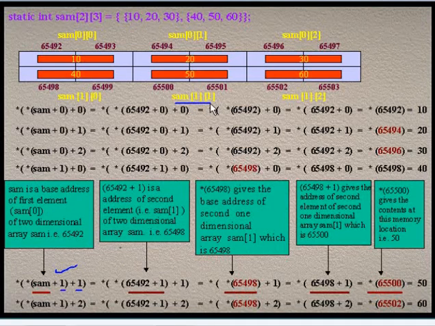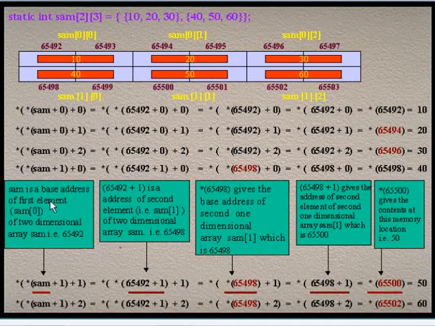Now let us see how we will calculate the address. Sam is the base address of the first element of the two-dimensional array sam. What is the first element? sam[0] is the first element of the one-dimensional array sam[2][3]. I say one-dimensional because sam[2][3] is a two-dimensional array, so we can say it is a one-dimensional array with two elements, sam[0] and sam[1].